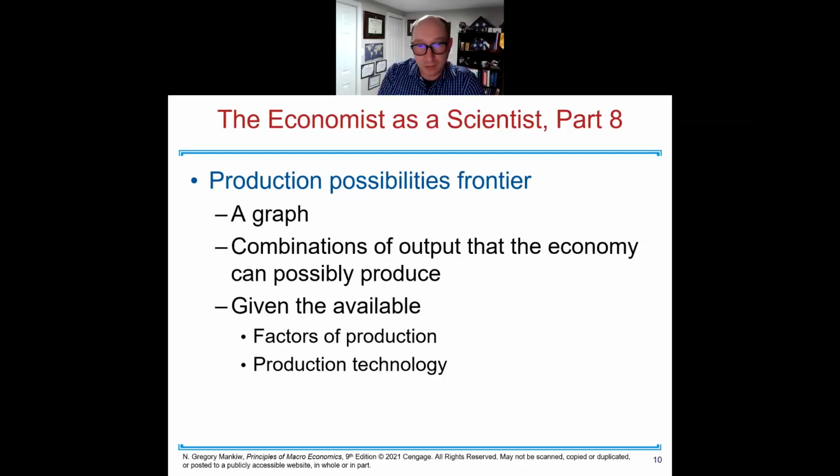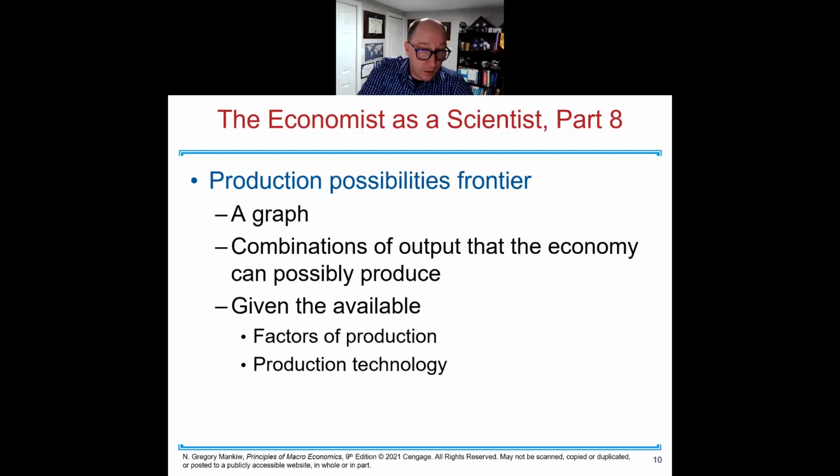Think about it from a manufacturing perspective. Companies will produce as much goods and services as they possibly can. They maximize their level of output. When you maximize your level of output, you're producing as much as you possibly can. Possibilities, right? Production possibilities.